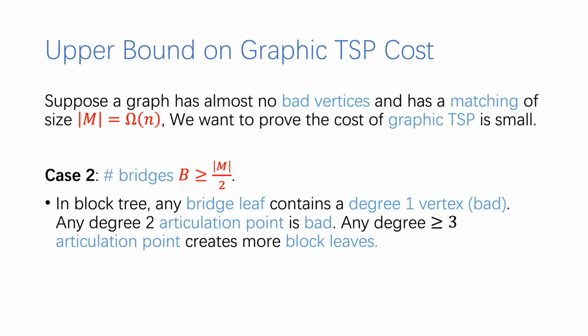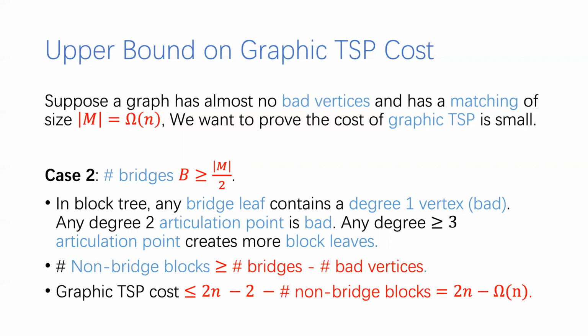If it is an articulation point that participates in at least 3 blocks, then it has degree at least 3 in the block tree, which means there are more leaves in the tree, because the average degree of the tree is less than 2. So any vertex of degree 3 will create more leaves, which contain a bad vertex or a non-bridge block.